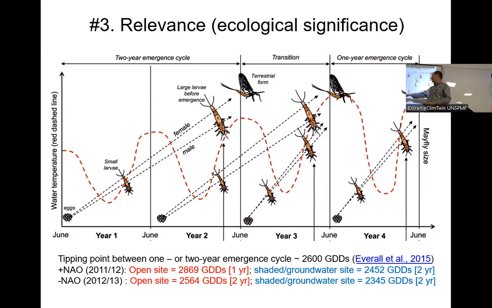In cooler years, it takes 2 years for eggs to turn to larvae, to emerge, and then to fly out. So the water temperature can actually determine whether a mayfly takes 1 or 2 years to reach maturity. And that has all sorts of knock-on impacts for the ecosystem, the birds that feed on the mayfly, the fish that feed on the mayfly. So it has relevance.